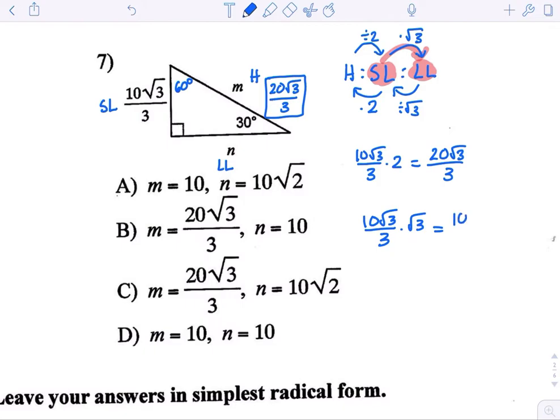Well, we get 10 square root of 3 times square root of 3, you guys, is square root of 9 all over 3. 10 square root of 9, you guys, is 3 all over 3. So 30 over 3, which is just 10. So we know long leg is just going to give us 10.